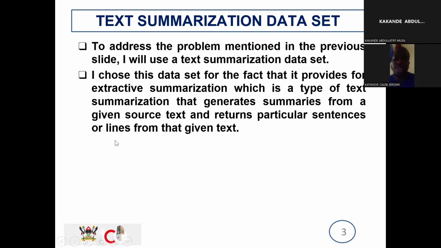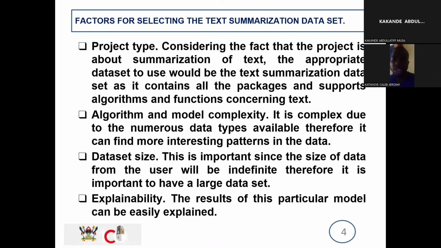If you look at the next slide, we have factors that we considered while using this text summarization data set. Number one, we have the project type, which is the summarization of text. Obviously, that is self-explanatory. We want to summarize text, and this is the data set that will give us all the features necessary.